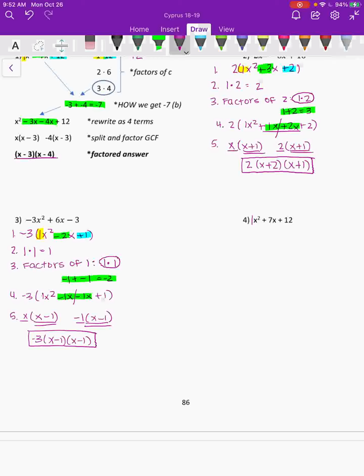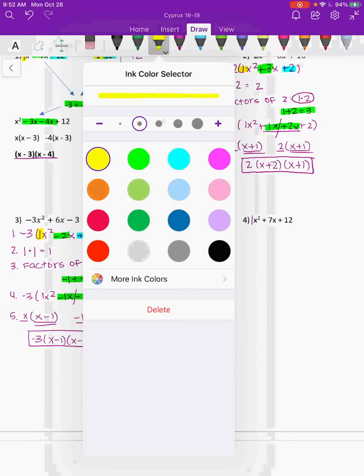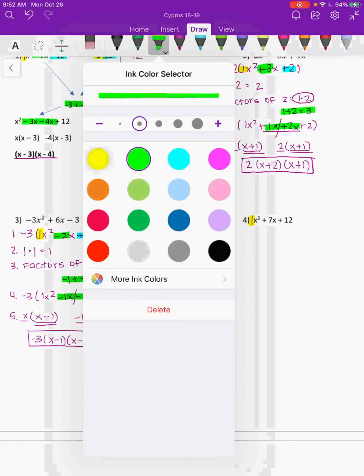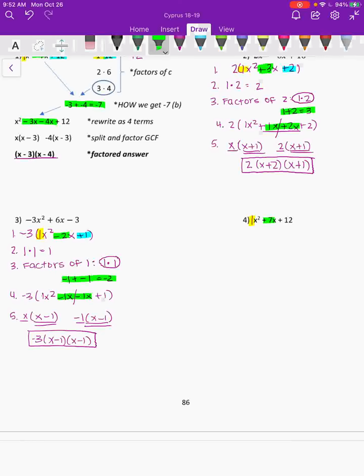We don't ever pull out a 1 because it doesn't change anything. So I'm going to highlight my A, B, and C real quick. Okay, so step 1, I'm just going to say there's no GCF.